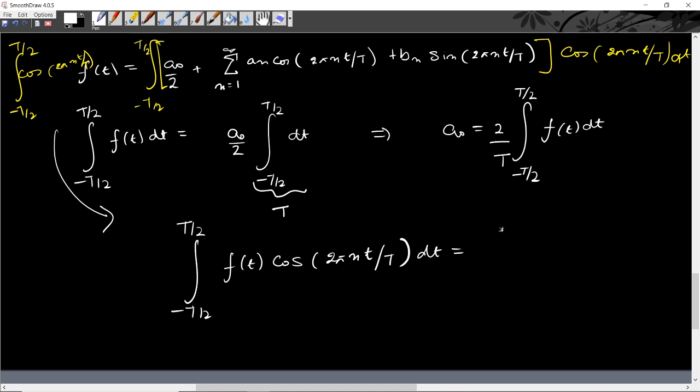So we'll just be left with one integral on the right hand side, and that integral is this.